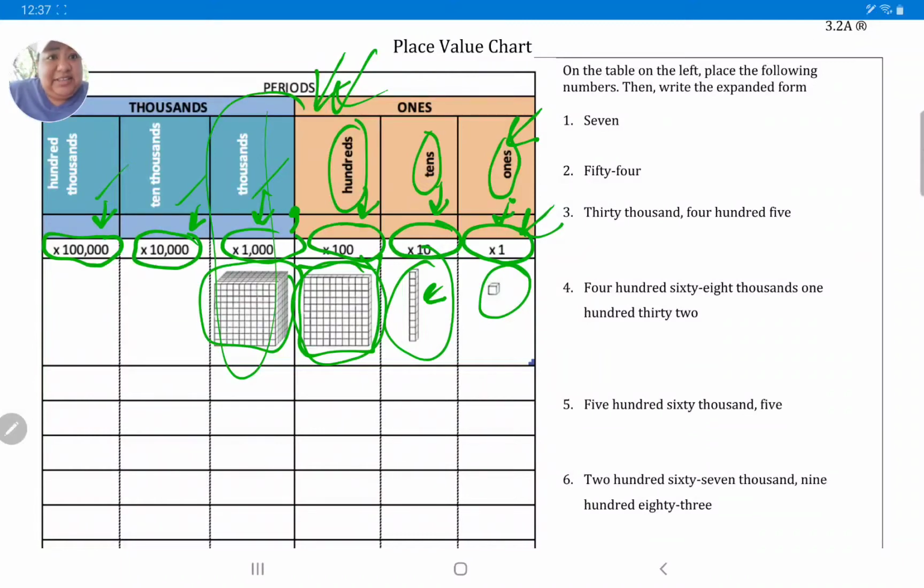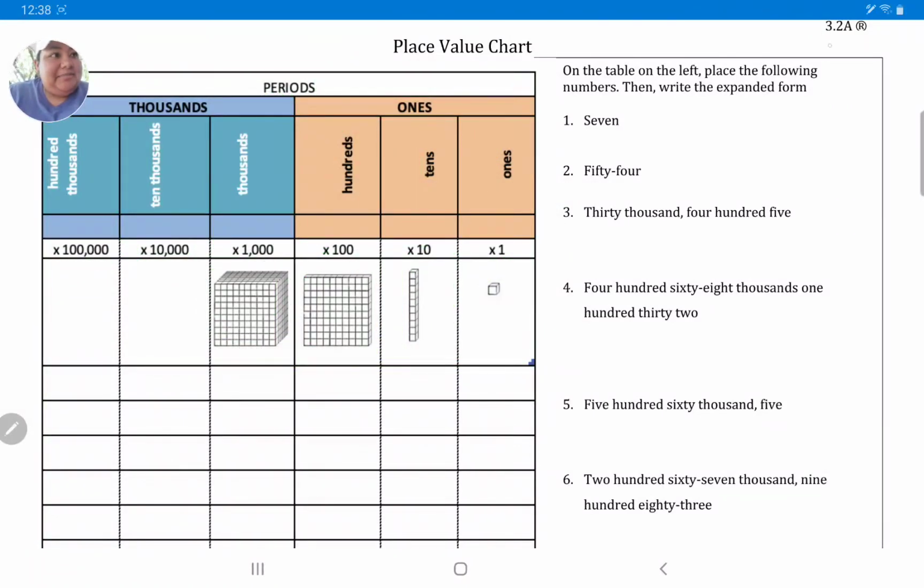I'm gonna delete all this just so that we have a better way of seeing stuff. Okay. And we're going to start with number 1. Now we want to write it in expanded form. Is this a number? Is it like a numeral, or is it in a word? It's in a word.